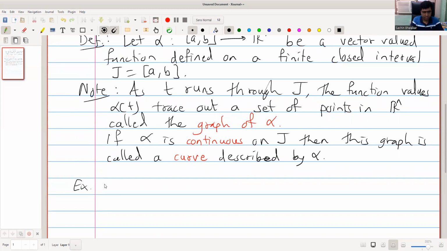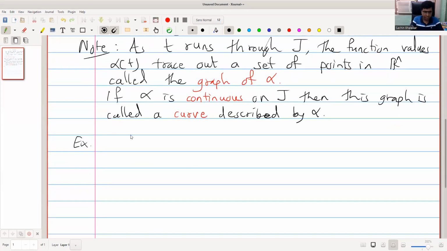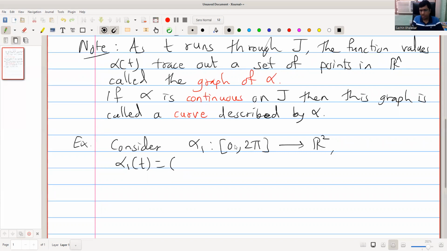Consider alpha 1 from the closed interval 0 to pi to R2, defined by alpha 1 of t equal to, so values are in R2, so it will be a vector in R2 given by an ordered pair: sin t, cos t.